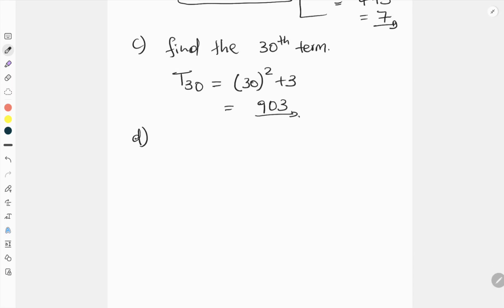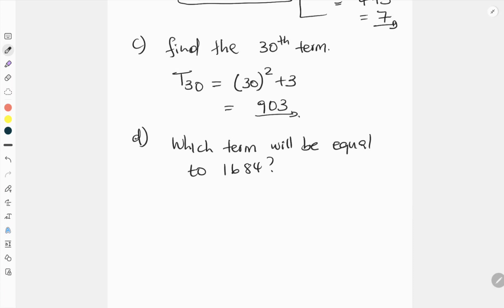Then they can also say to you, which term will be equal to 1684.